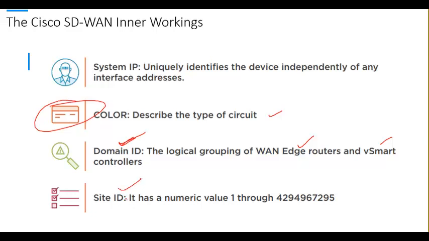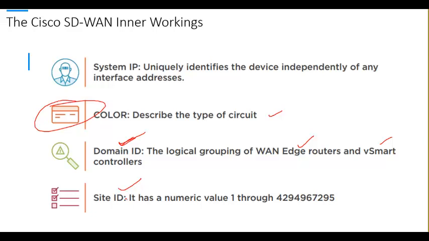Site ID is a unique identification that is given for the site in the SD-WAN overlay network. So if I have multiple WAN edge routers, can we have multiple WAN edge routers? Yes, you can have for redundancy. When we have multiple WAN edge routers, they belong to one single site.